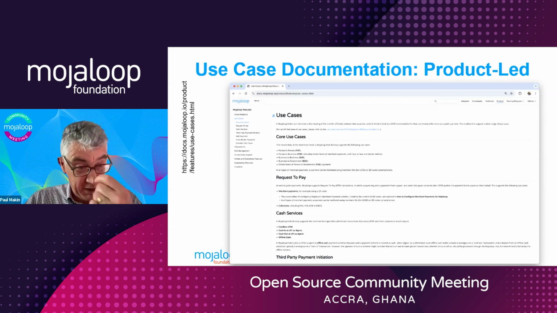And for example, you can see here there's a link to the product-led documentation on use cases, which is available on the Mojaloop website. There's a lot in there already, specific information on use cases. There's information on how we handle risk management and a whole bunch of other things. And it is actually my mission over the next couple of PIs to bring all of our product documentation up to standard.